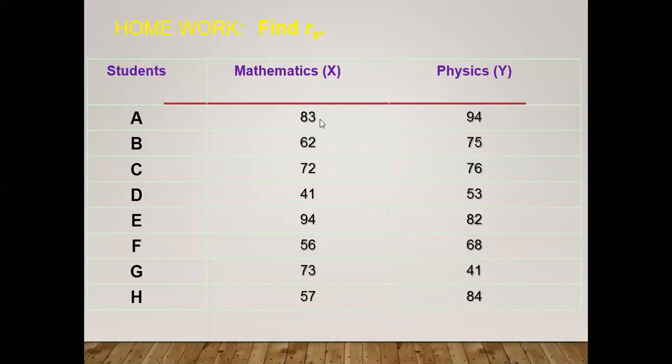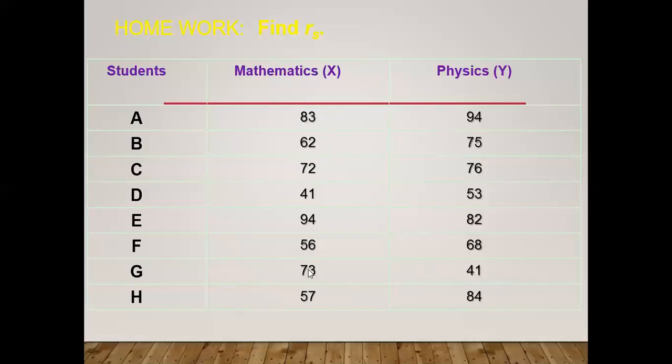So first you need to give them ranks. This is the student with 83, but first you check the highest mark. E should get rank 1, and 82 is the second highest, second rank. 73 is third. Between 90 and 100 marks is rank 1, and who qualifies with 80 to 90 marks, 82 to 89 marks, you give rank 2.